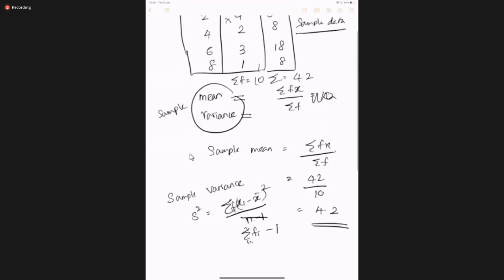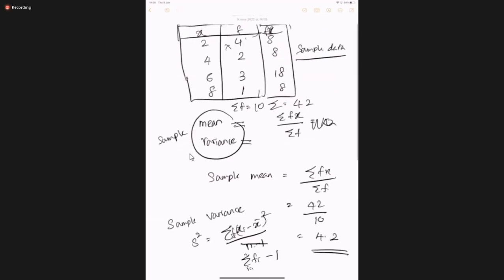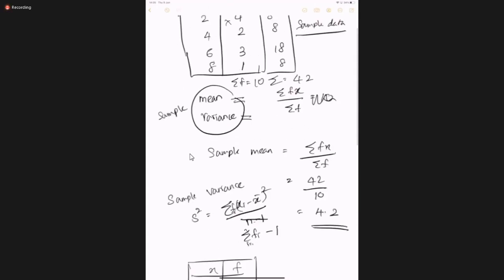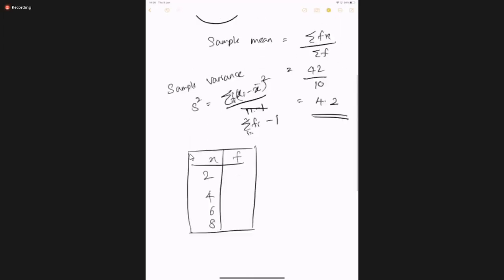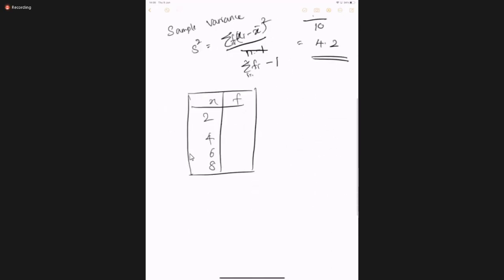Okay, now consider the table again. I will create that table again. Here we have x, f. What are the x values? 2, 4, 6, 8. Frequencies are 4, 2, 3, 1.